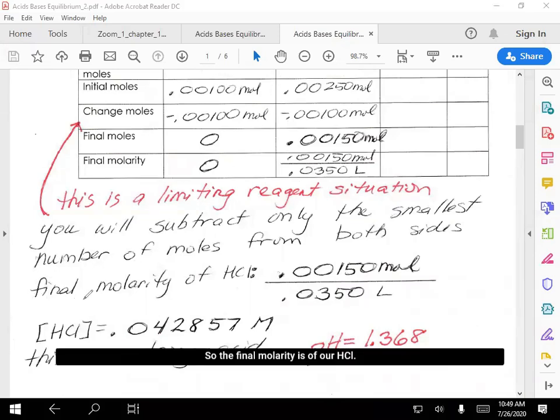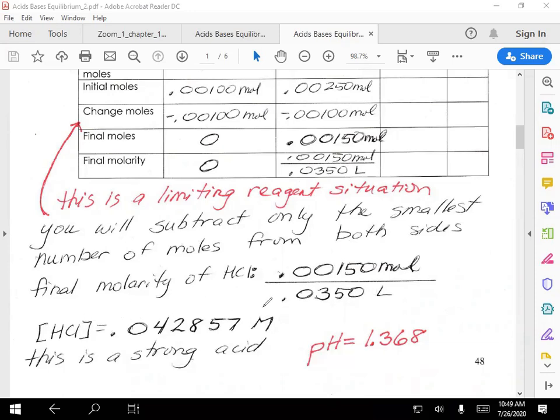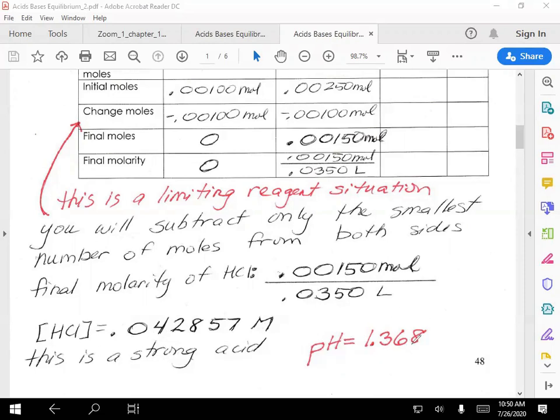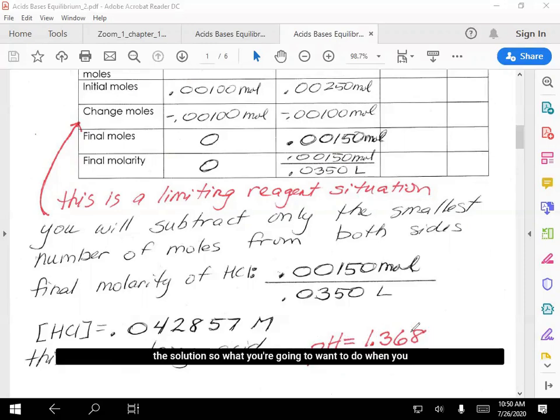So the final molarity is of our HCl. We calculate that. We get a molarity of the HCl. So this molarity is also the molarity of the hydrogen ion because HCl is a strong acid. So therefore, we just need the pH of the hydrogen ion, and we get the pH of the solution.